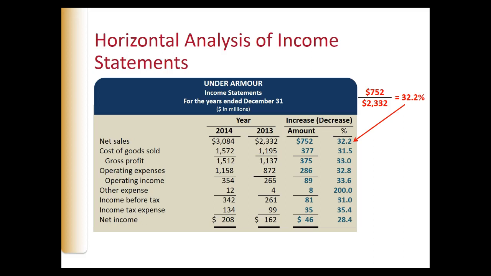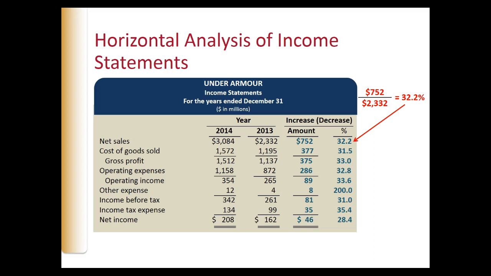Now, the horizontal analysis of Under Armour's income statement demonstrates strong, steady growth in company operations. Gross profit increased 33%, or 375 divided by 1,137. Operating income increased by 33.6%, which is the $89 divided by 265.